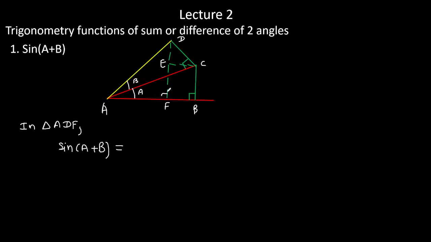This right angle is perpendicular by hypotenuse. So perpendicular is DF and the hypotenuse is AD. DF is nothing but DE plus EF, and this is divided by AD.